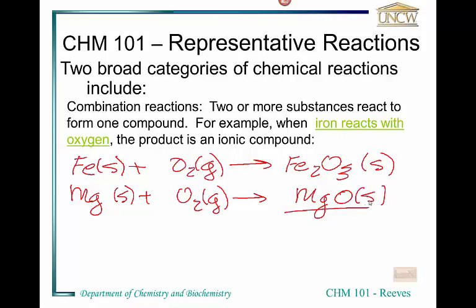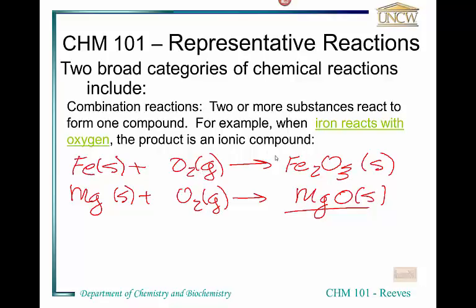So you can predict the formula for the ionic compound if you know the charges of the ions that are formed when a metal forming the cation combines with a nonmetal forming the anion. Now, neither of these equations are balanced. You could leave oxygen till last, but since iron or magnesium is by itself, let's leave it until last. To balance the first equation, you see that in order to balance the oxygen, we have 3 on the right and 2 on the left.